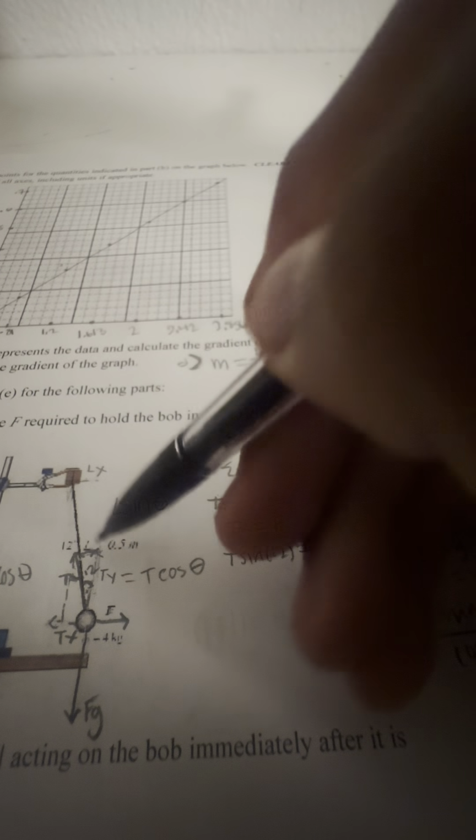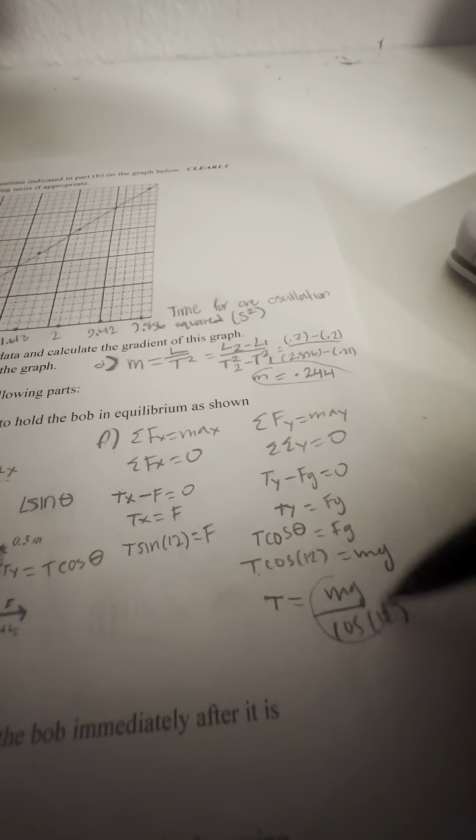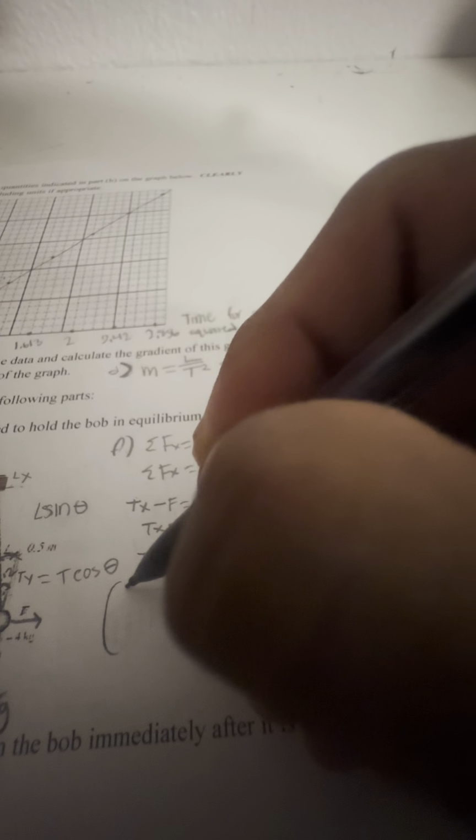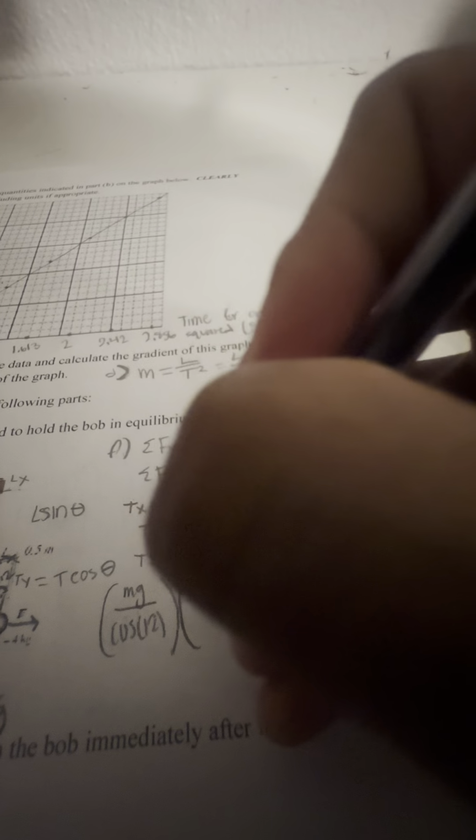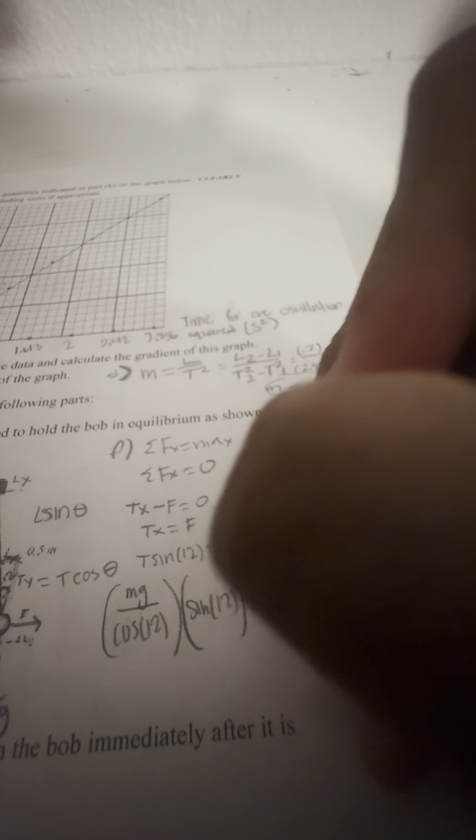Hypotenuse is T, so it's going to be T sine theta. So that's why it breaks down to T sine theta right here. So now that we have T, we just plug our T in. So it's going to be mg over cosine of 12 times sine of 12 is equal to F.